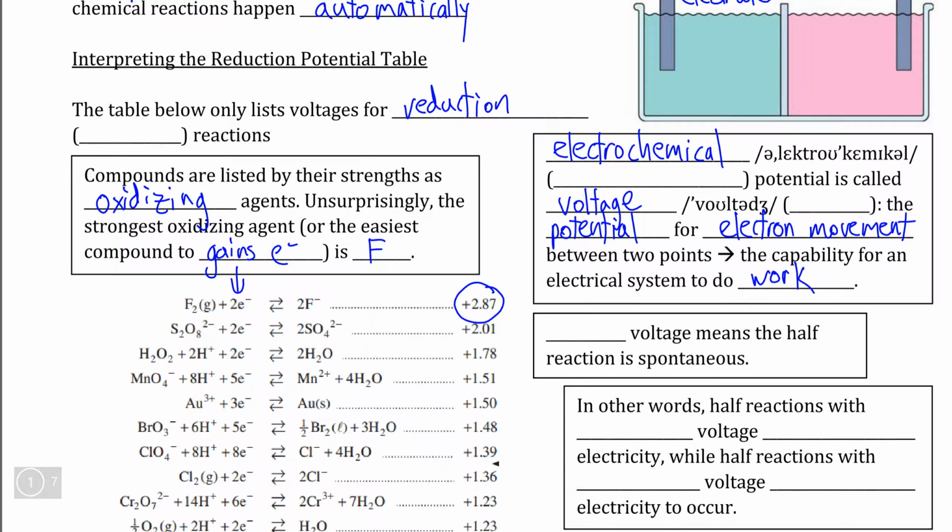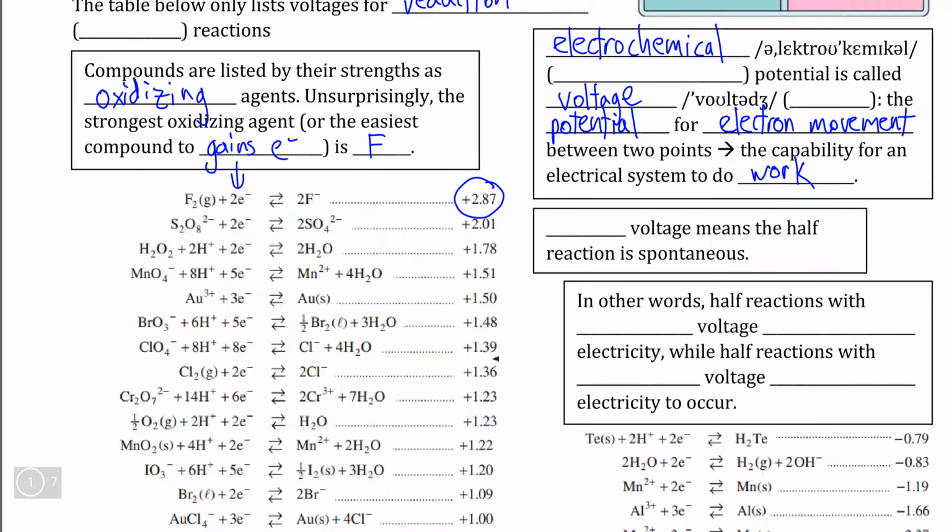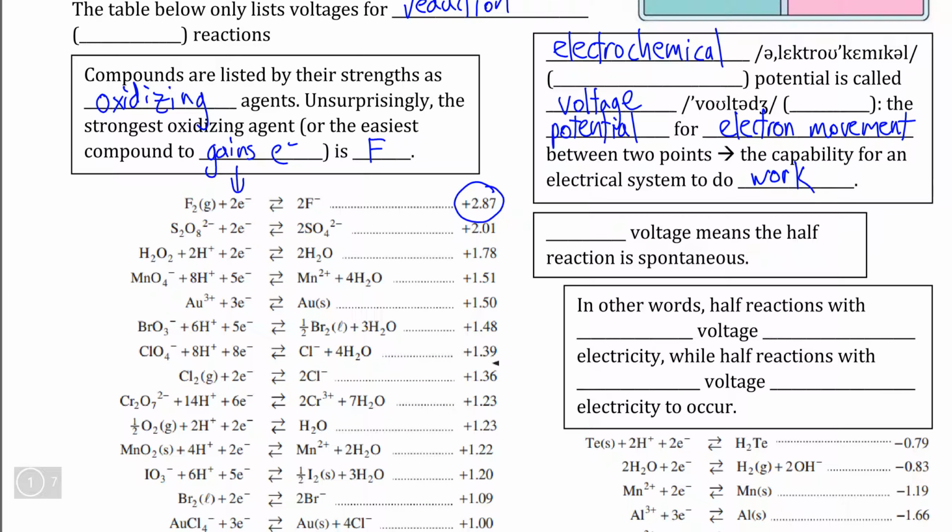In terms of connecting voltage and electrochemical potential to the concept of spontaneity, it's relatively simple. Whenever we have a voltage that is positive, the reaction is defined as being spontaneous.